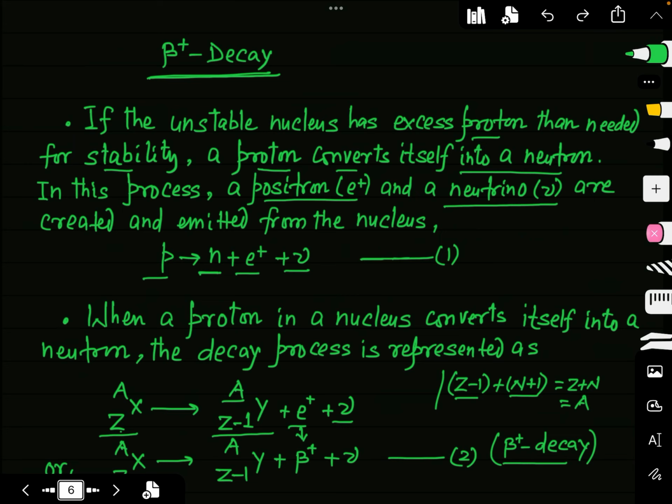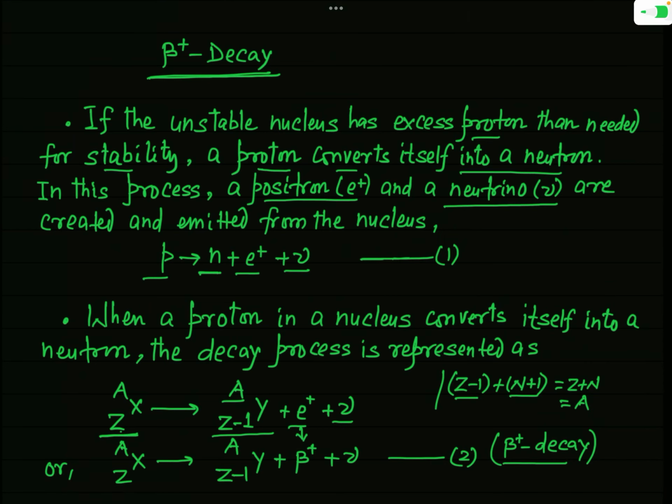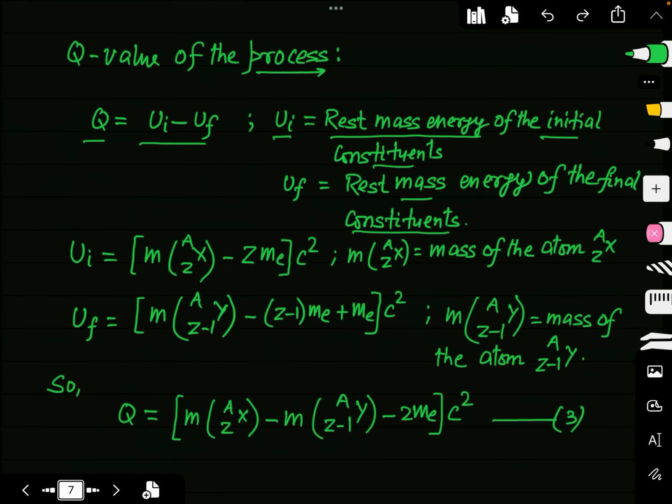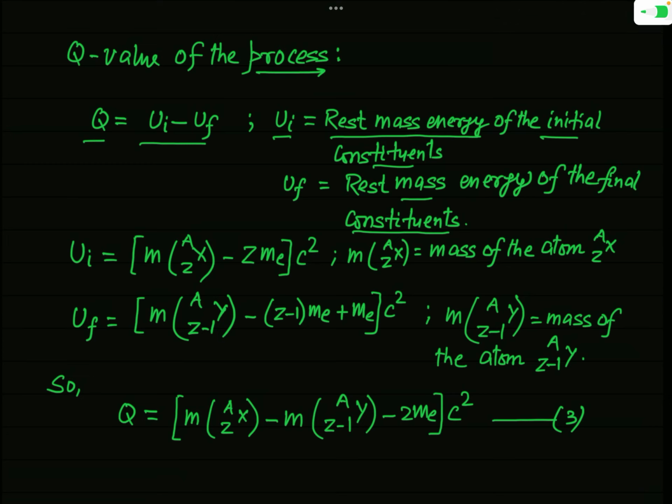In equation number 2, the initial constituent is our parent nucleus X, whose charge number is Z and mass number is A. This is just the nucleus, and we will find the rest mass energy of this nucleus. If you want to find the mass of a nucleus, you can do a simple calculation.